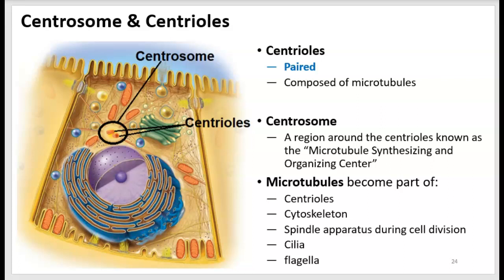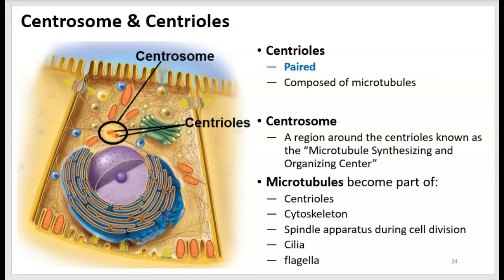They're made up of a protein called tubulin that has been assembled by this region that they exist in called the centrosome. So the region surrounding the centrioles is called the centrosome, or maybe more technically, it's called the microtubule synthesizing and organizing center.